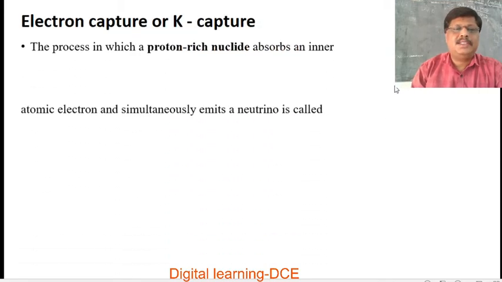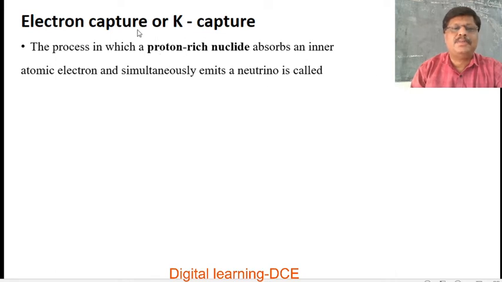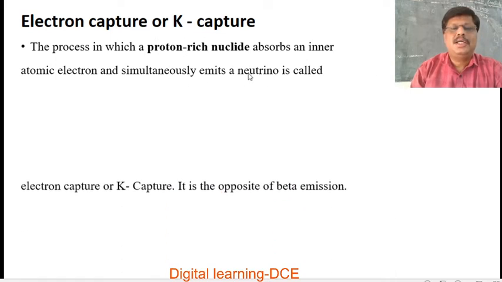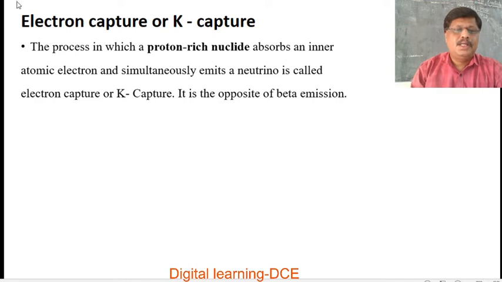The third one is orbital electron capture, also called K capture. The process in which a proton-rich nuclide absorbs an inner atomic electron and simultaneously emits a neutrino is called electron capture or K capture. It is the opposite of beta emission, which is very important.